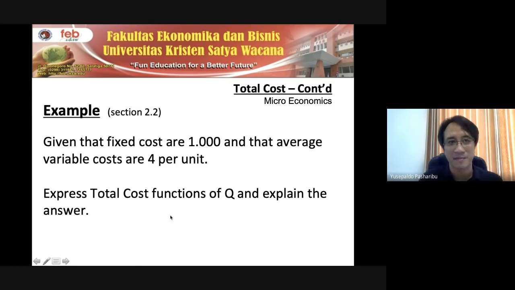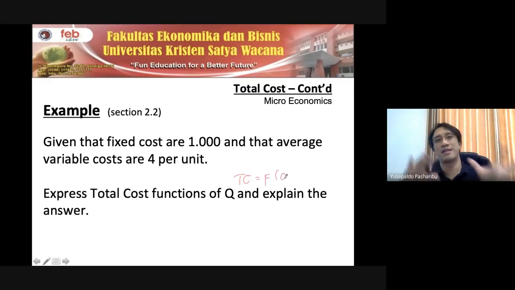This is the example. Given that fixed costs are 1,000 and the average variable costs are 4 per unit, express the total cost as a function of Q. Total cost function of Q means total cost equals a function of Q, so the Q is on the right side.